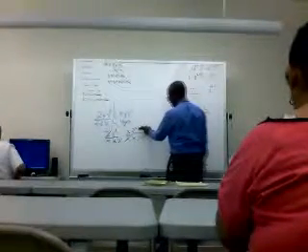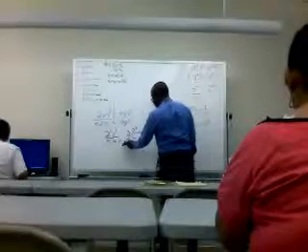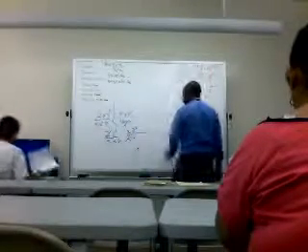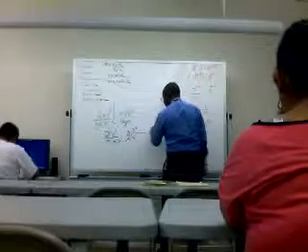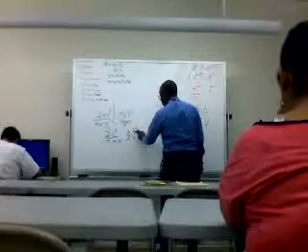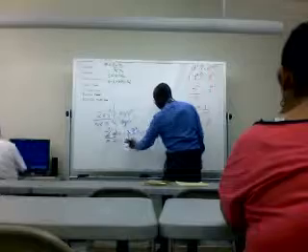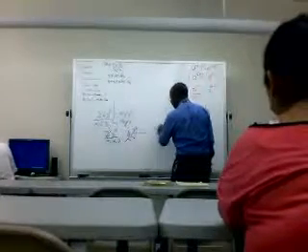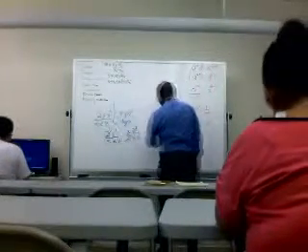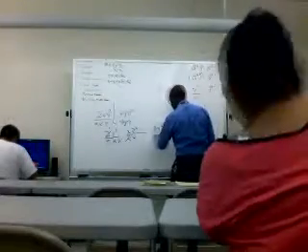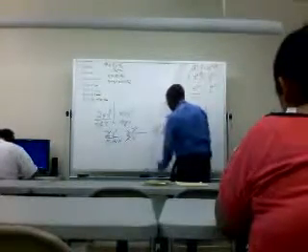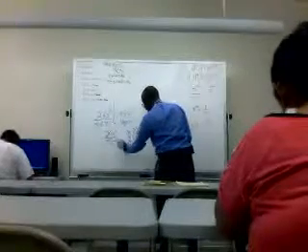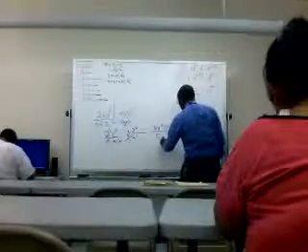Z to the second divided by z to the 1 will give us z. Okay? So we end up with 3 going to be here. There's nothing to cancel our y, so he's going to stay the same. Our z to the 1 and z to the 2, that would give us a z. 5 has nothing to cancel, so he's going to be here. And then we have x, which is the same as x to the 1, times x to the 1, which will give us 5x squared.